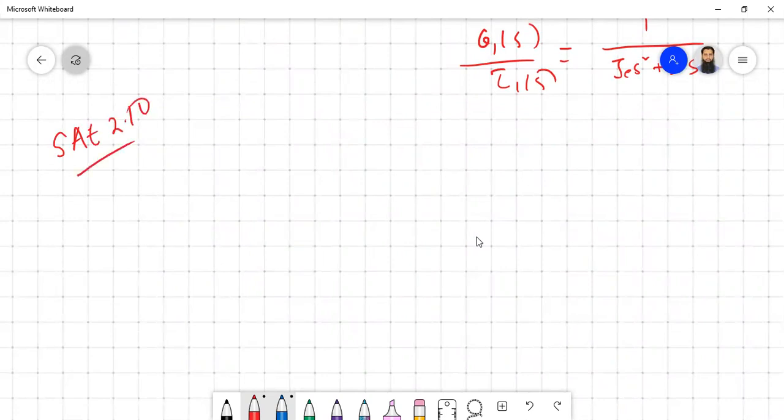So in this one you have a simple network, a mechanical system that is one inertia with a damping, then you have a gear, then you have a spring, then you have the reference.